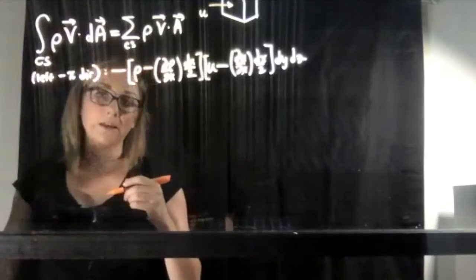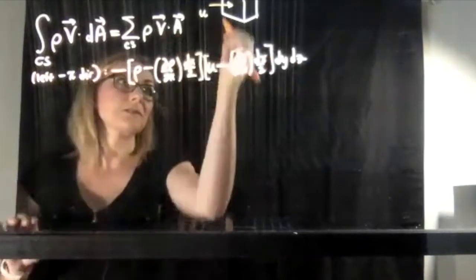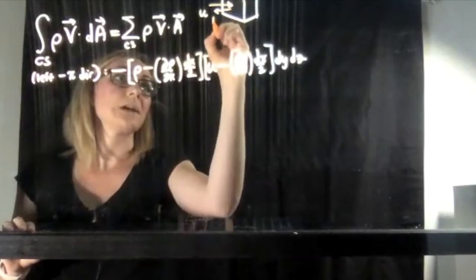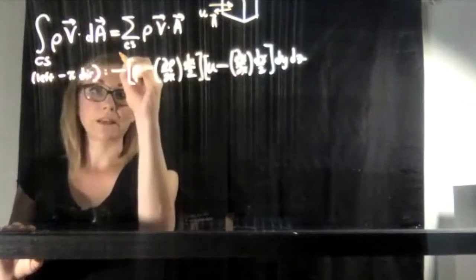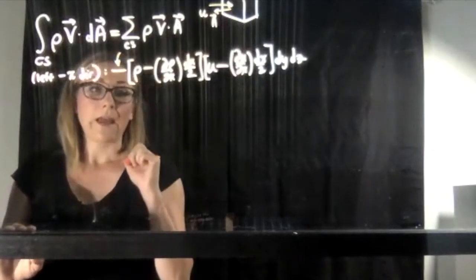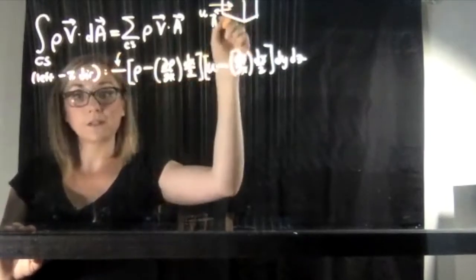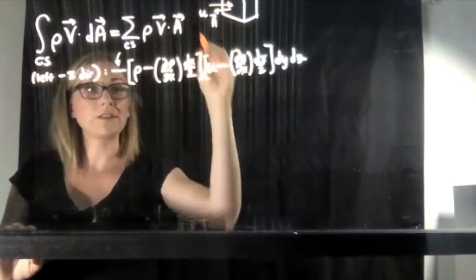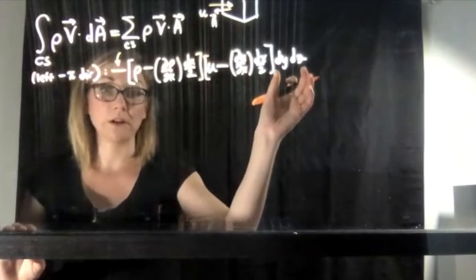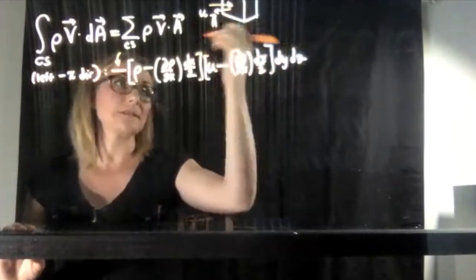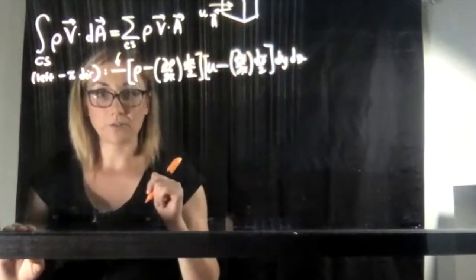So the left side in the negative x direction of our cube is going to be pointing in the negative x direction like this. So this is going to be our A vector, and that's why we have this negative here. And this is our expansion of our density to get us from that center point of our cube to the left surface. And then the same thing for our velocity. And then of course we need our area of that surface. Since this is in the x direction, we have dy dz as the two sides of our face.